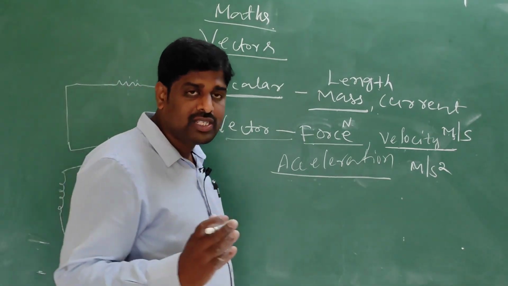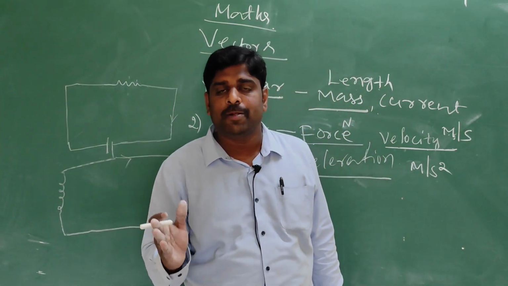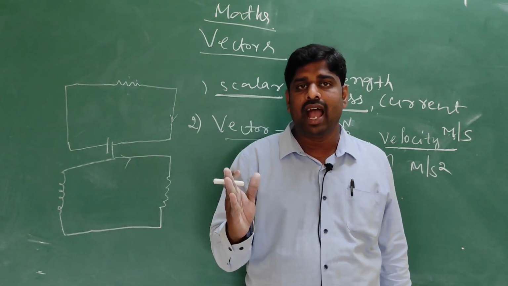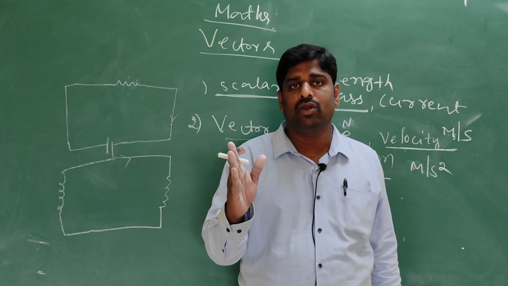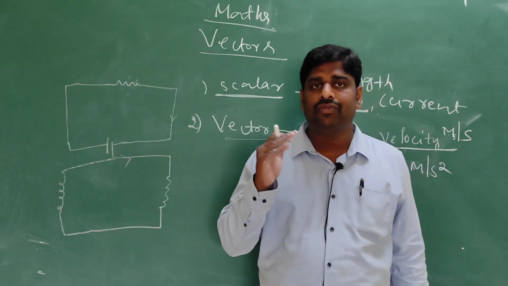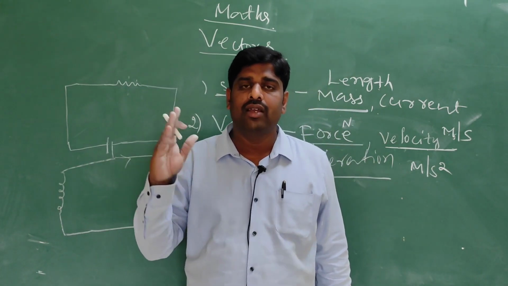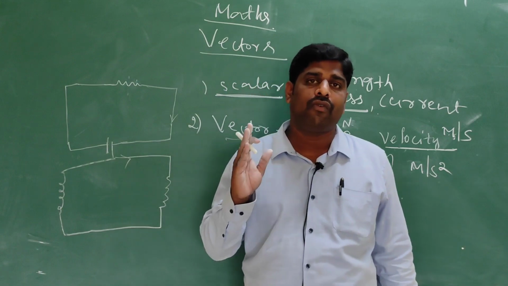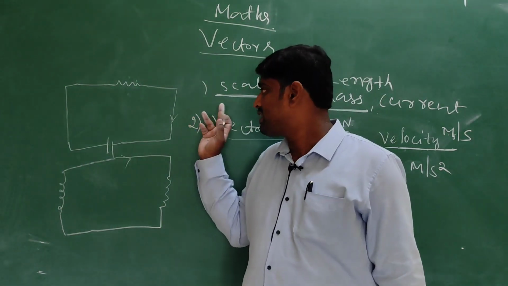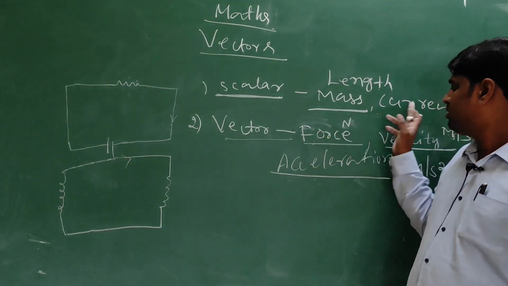So what is the difference between scalar and vector? Scalar is a physical quantity having only magnitude. Vector is a physical quantity having both magnitude and direction. Examples of scalar: length, mass, current.